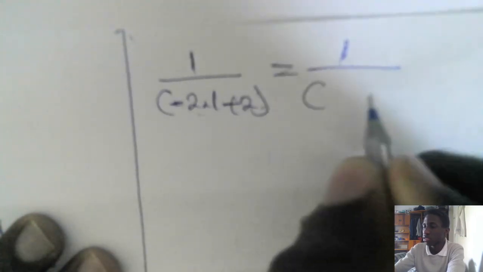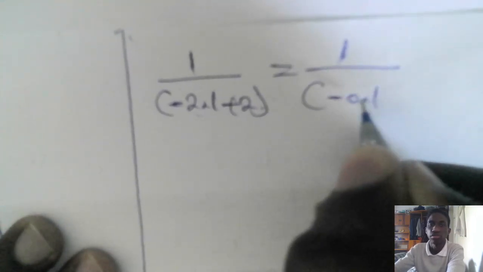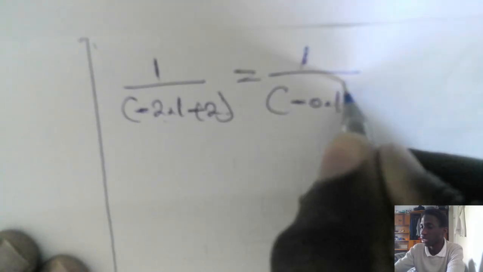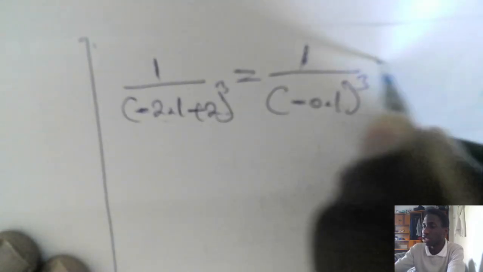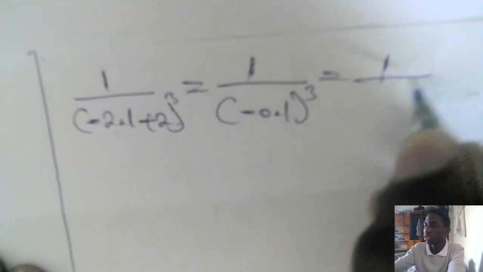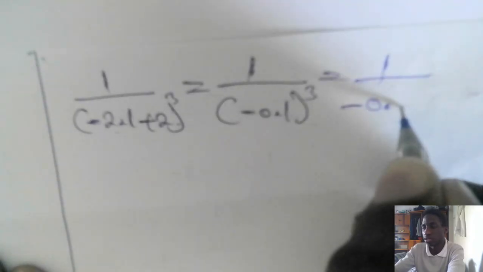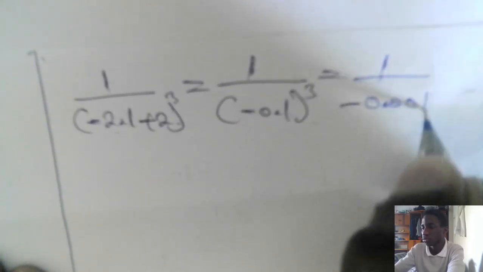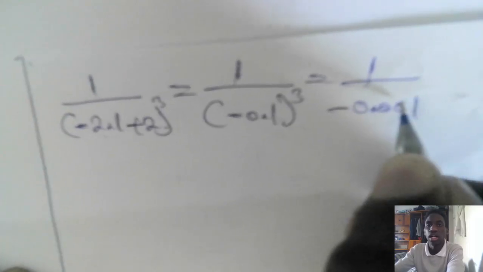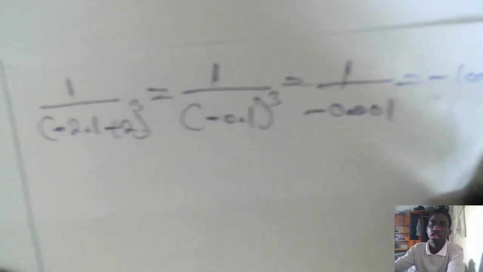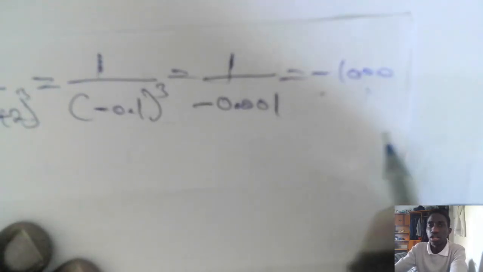I get 1 over minus 0.1, and there's a cube here. So minus 0.1 all cubed is minus 0.001. And this gives me minus 1,000 as my result.